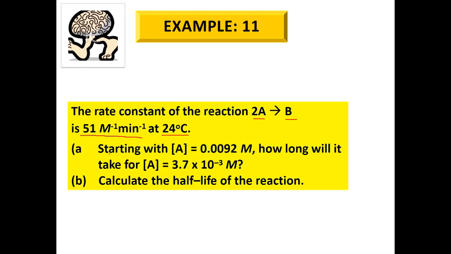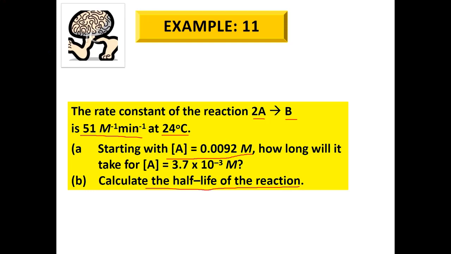For part A, starting with A, the A naught is 0.0092 molar. How long will it take for A to be 3.7 times 10 to the power of negative 3 molar? And also you have to calculate the half-life of the reaction.